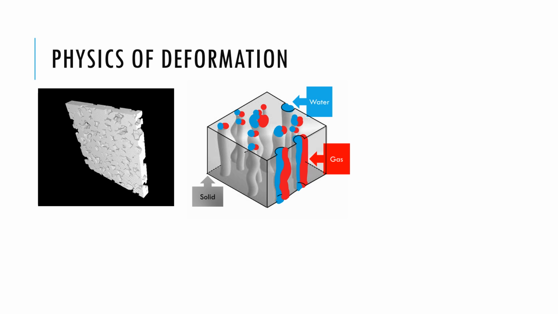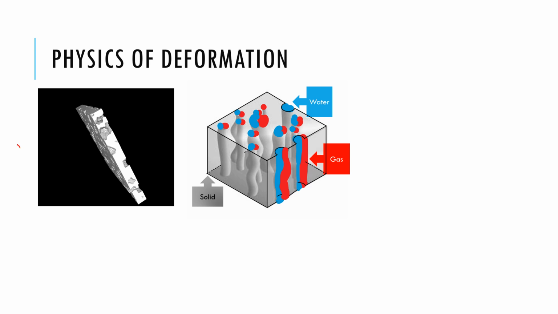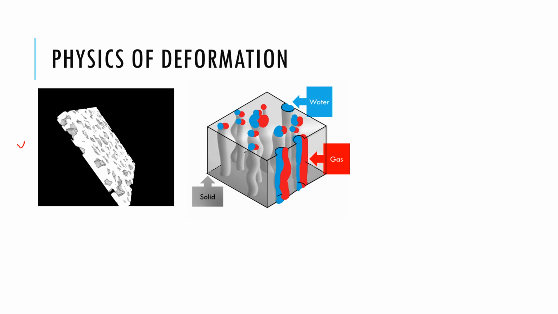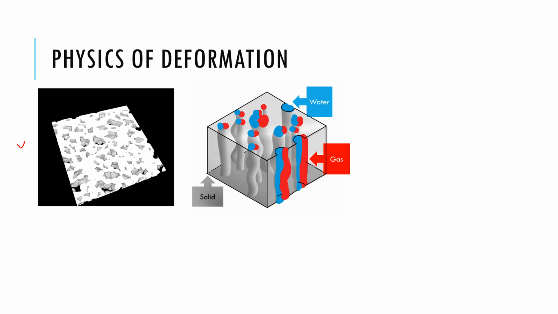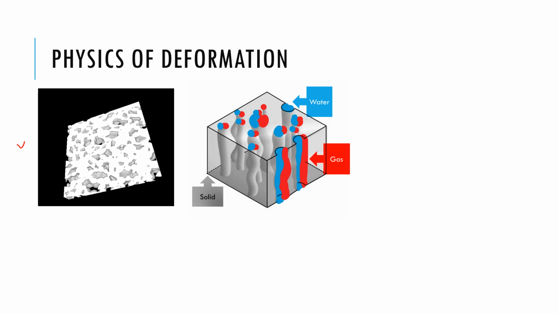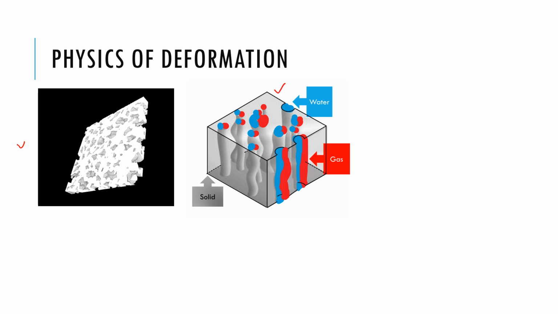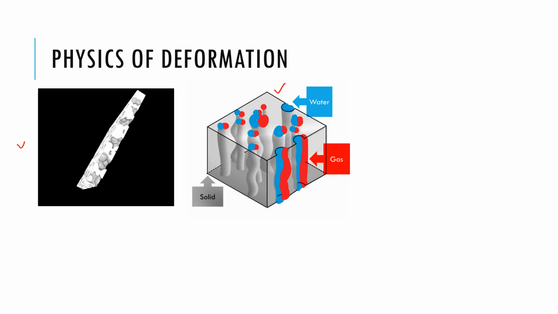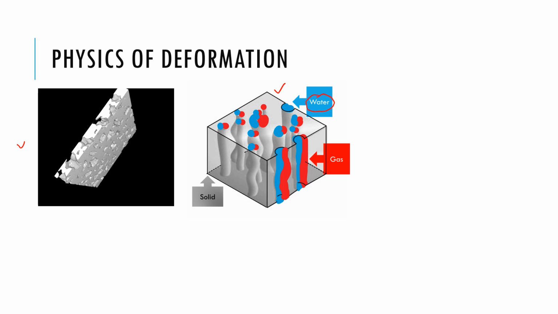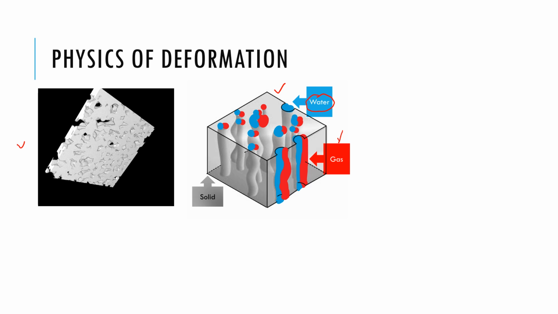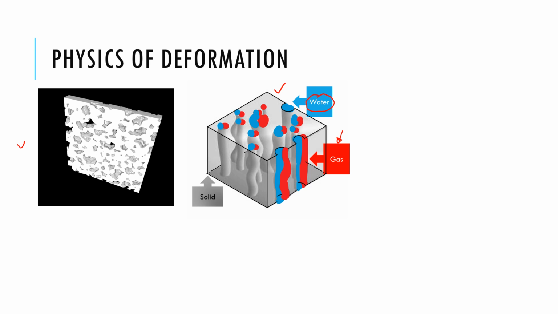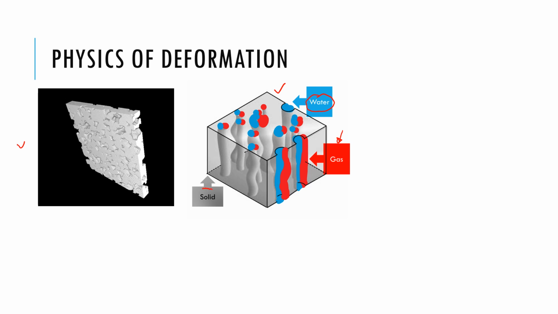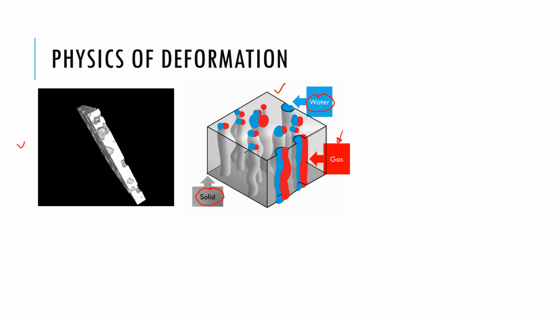So we think of the rice grain as a porous medium, and in that there are liquid and solids. They have their own pressures. Like we see in this cartoon for porous media, we have water and gas, and they have their own pressures, and then there is the solid matrix.